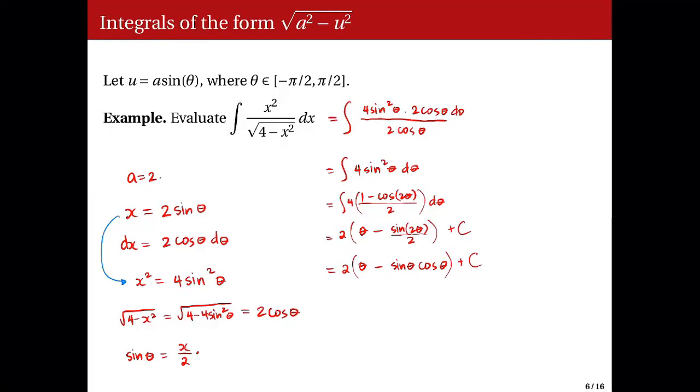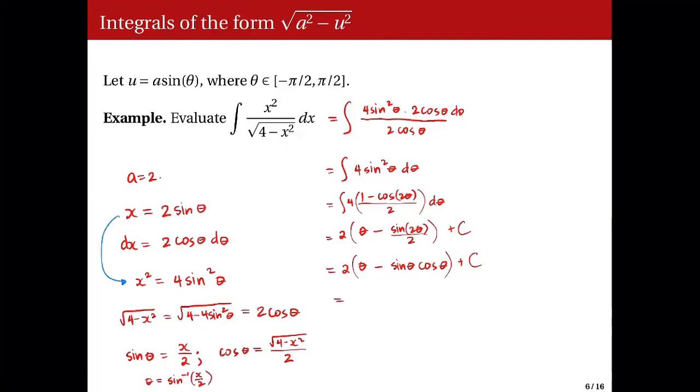Cosine theta is equal to square root of 4 minus x squared over 2. And for the theta in here, our theta will be sine inverse of x over 2.